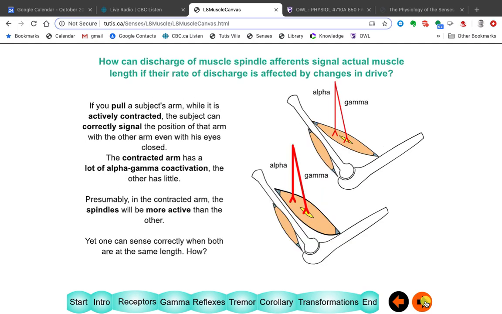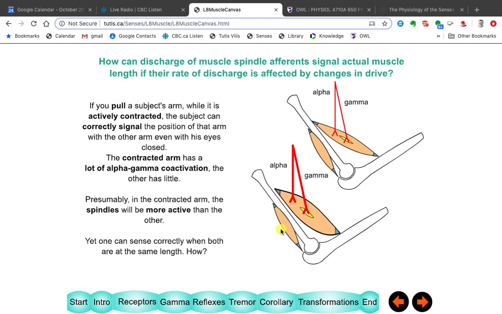The other thing that we saw was that if the muscle was not contracted, the other arm could sense its position accurately. But it could also do so when the muscle was contracted. Contraction doesn't seem to alter your sense of what the position of your hand is.